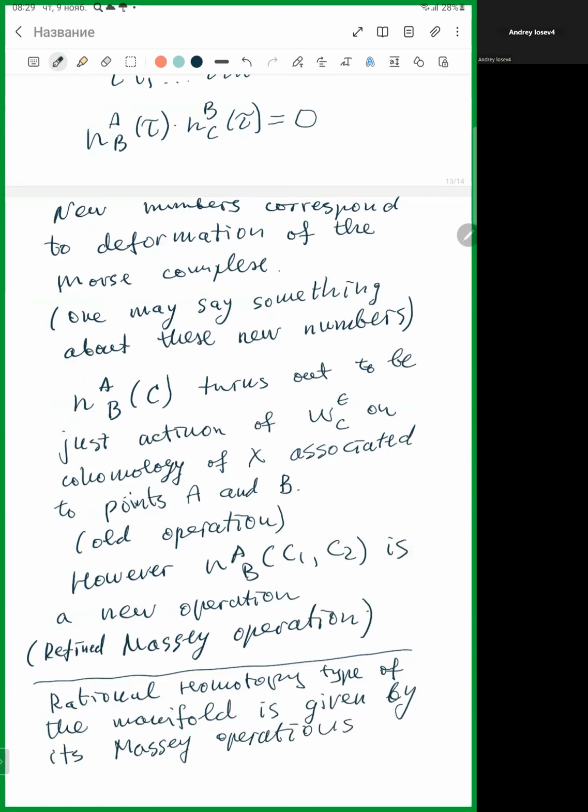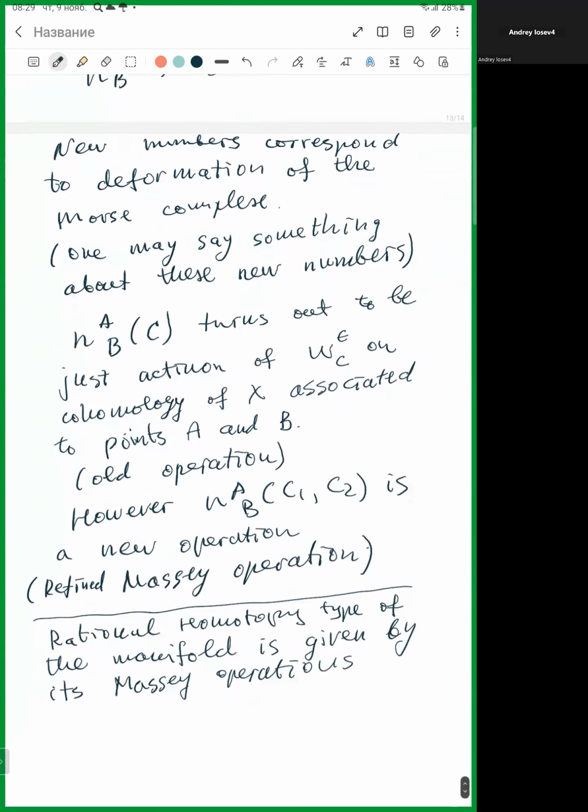So it's not just cohomology ring. It's higher. So in order to get the homotopy type of a manifold, it's not enough to know cohomology ring. You need to know these higher operations. So we kind of constructed these higher operations, and then it turns out that these higher operations characterize topology of the manifold.